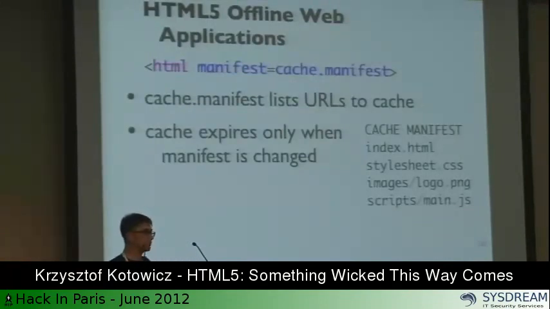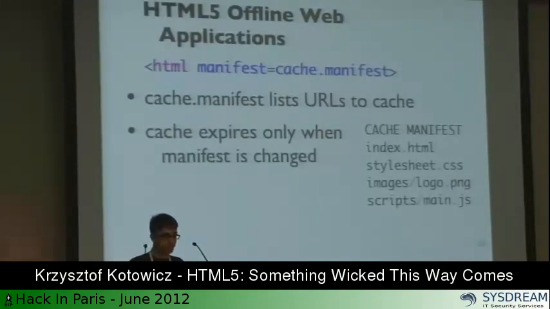How would you specify which resources should be downloaded by the supporting browser? Well, you put the manifest attribute in the HTML element of a page, and you specify a URL here. Of course, this has to be within the same domain.